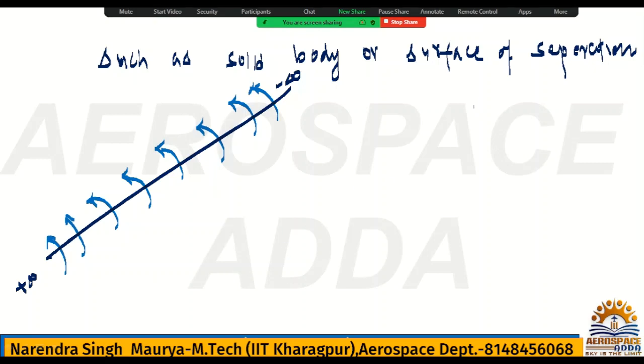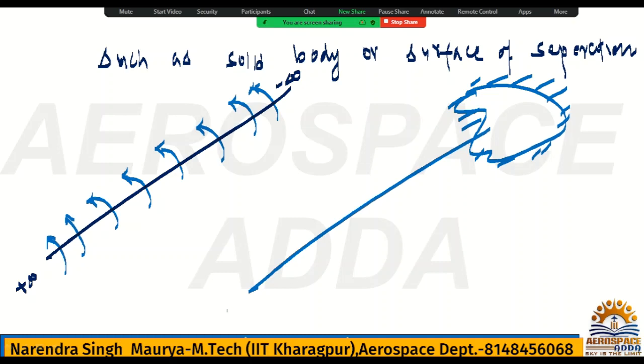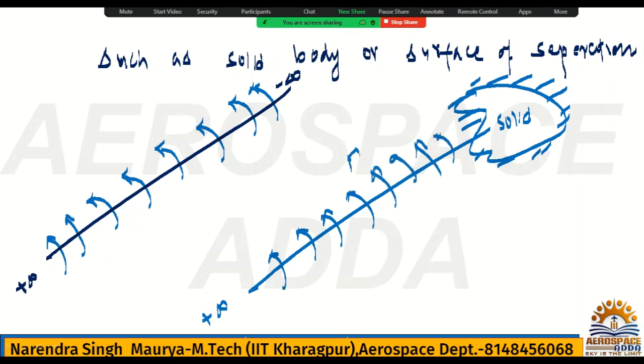This is one solid surface I can say. Now it was started from this positive infinite, but if it is solid, it will go and terminate here. That's the meaning of it.